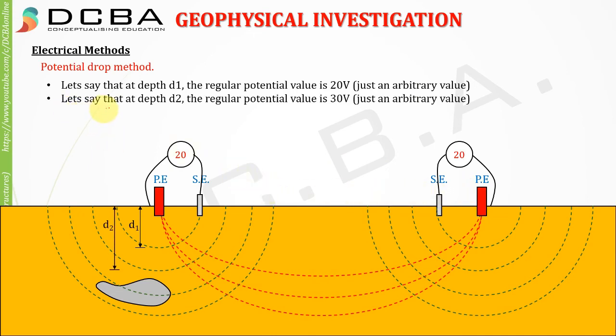Let's say at depth D2 the regular potential value is 30 volts. Okay, at this depth. The same you will see again here at this point, because it is continuing this way, right? So whatever value you are getting here, the same value you will be getting at this point as well.